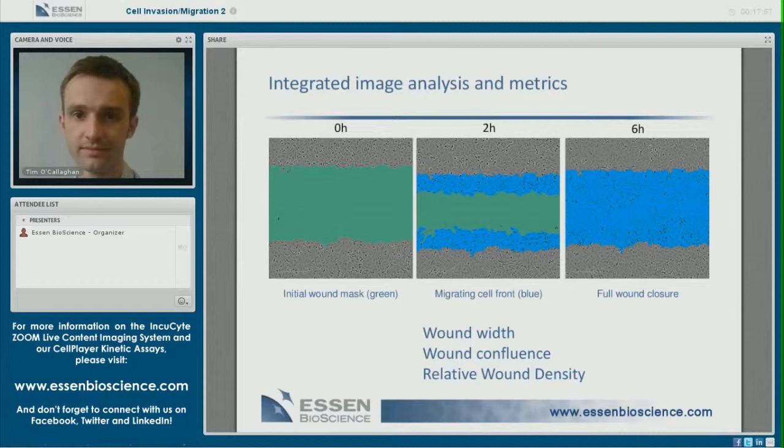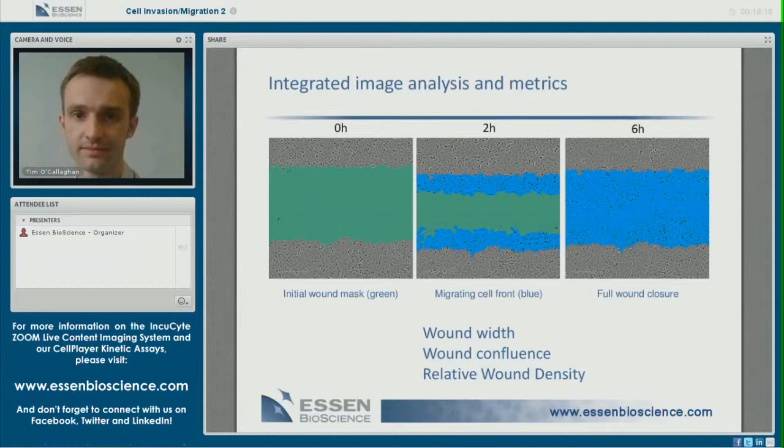So the left-hand image here, immediately after wounding at T0 hours, shows the initial scratch wound mask in green. As cells migrate into the wounded area, they are illustrated with the blue mask, and this is continued until full wound closure is observed.